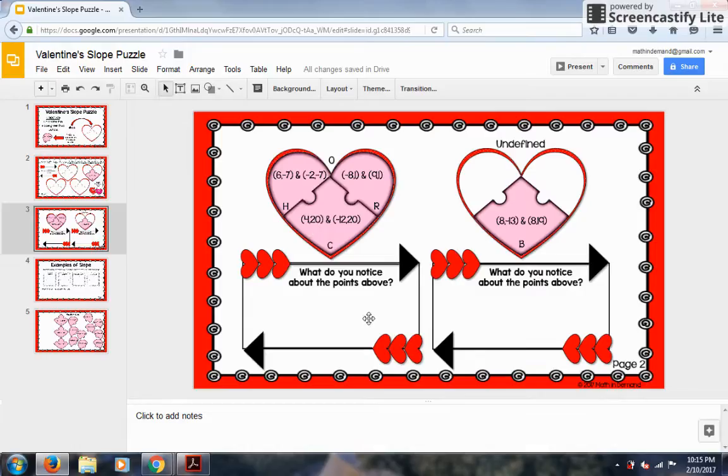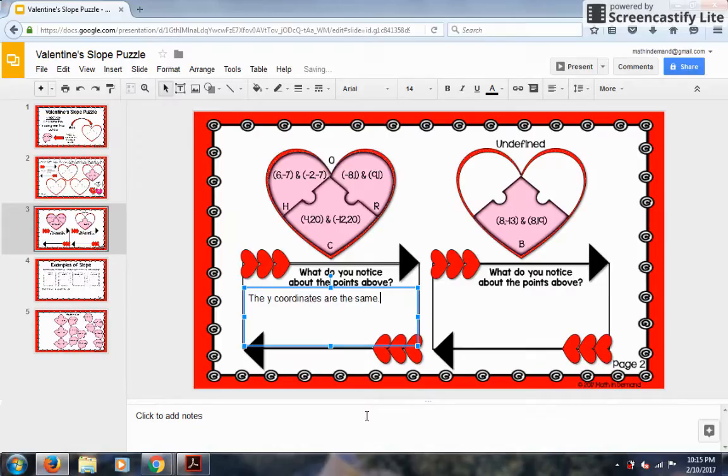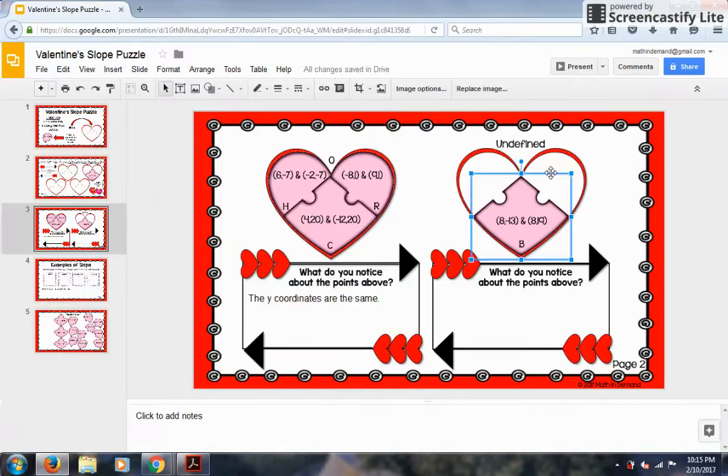So I made it to where there's a text box right here so students can just click and then they can start typing. So they would put the y coordinates are the same. And then they would move on with their undefined after they've put all their puzzle pieces together. They would see, oh, wait, my x coordinates are the same.